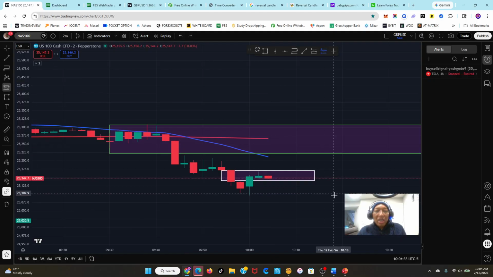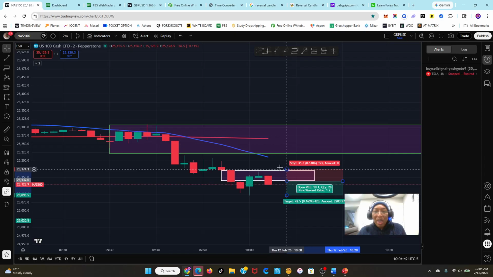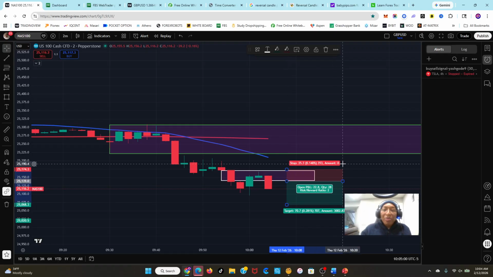We're going to take a short position here like that. Our stop loss would be the bar, and we should go for a 1 to 2 risk to reward ratio right there.